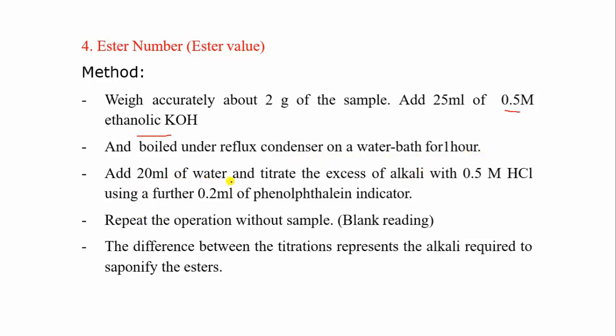Add 20 ml of water and titrate the excess of alkali with 0.5 molar HCl using 0.2 ml of phenolphthalein indicator. Repeat the operation without sample, meaning it is a blank reading. The difference between the titrations represents the alkali required to saponify the esters.